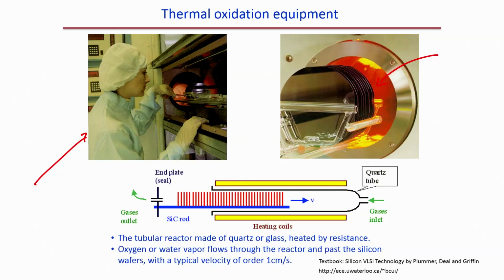Now, the tube is generally made up of quartz, the gases are inlet from one side, the outlet is on another side, and a silicon rod is used to push the wafers inside the horizontal tube furnace.